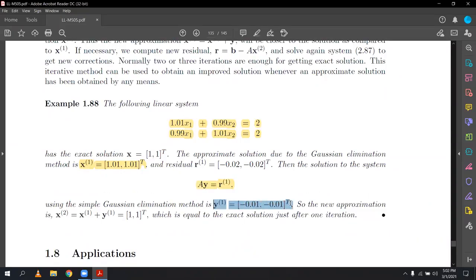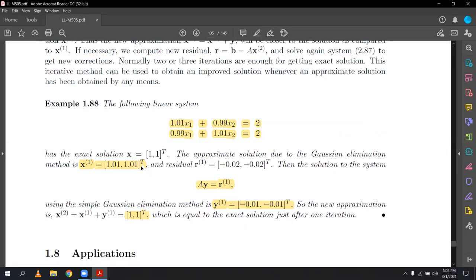So what you have now is X1, which is given by the teacher, plus Y1, which you just calculate by yourself. And when you do this, this is the exact solution you have in just one iteration. This is called the residual corrector method.